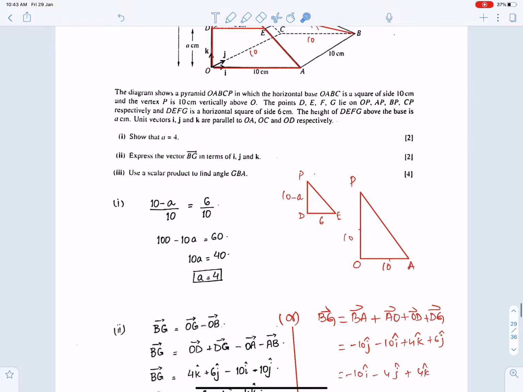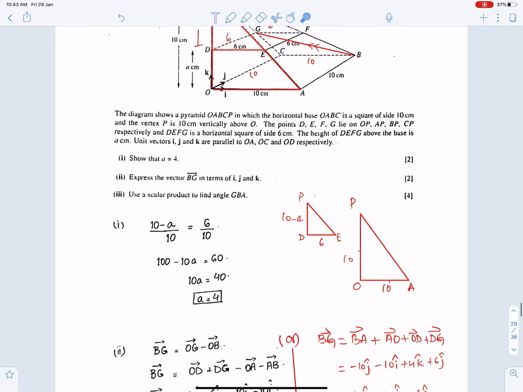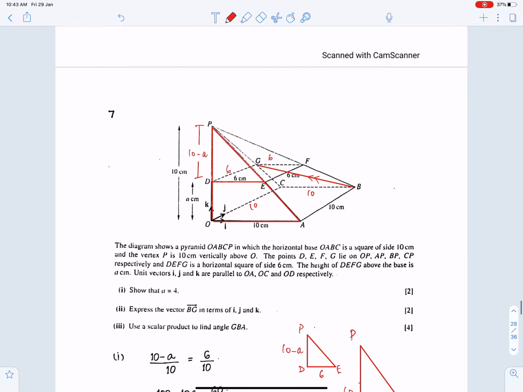See, BA, I'm writing this notation here. BA, this is for BG, plus AO plus OD plus DG. And their values are, this is 10, this is negative 10J, negative 10I.